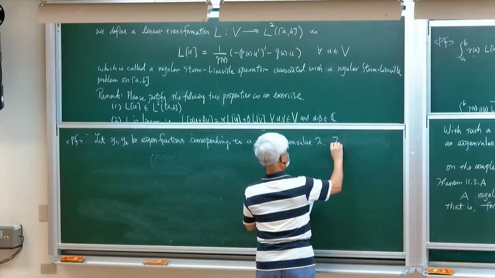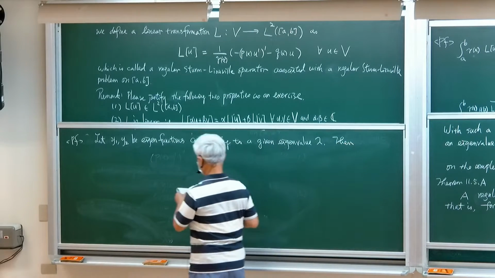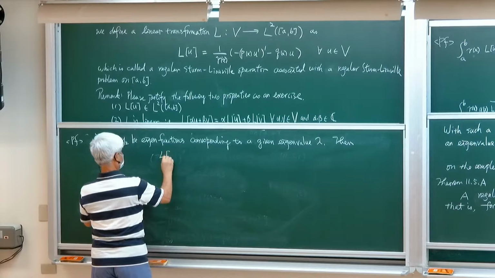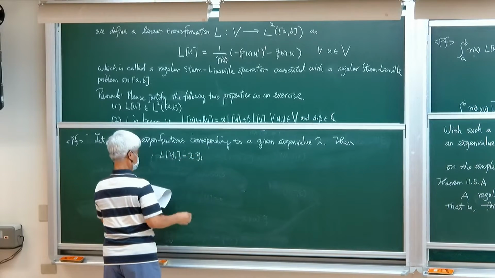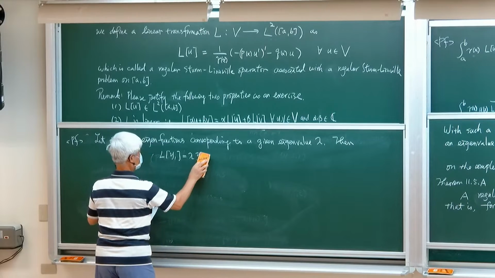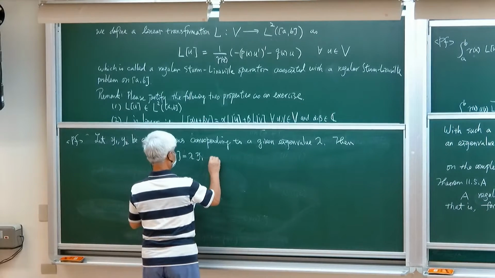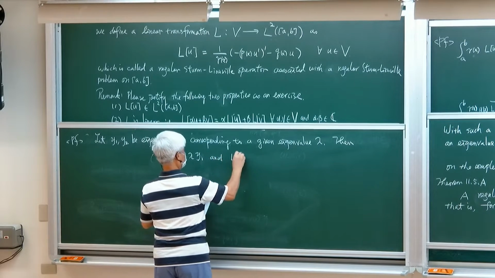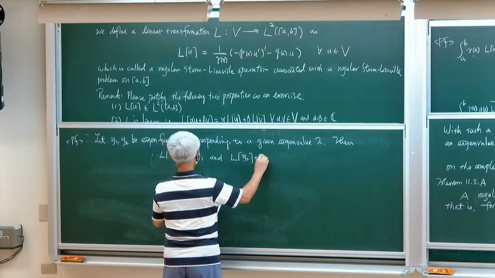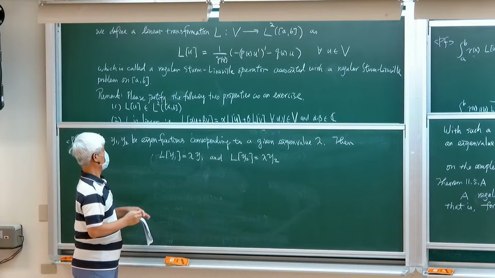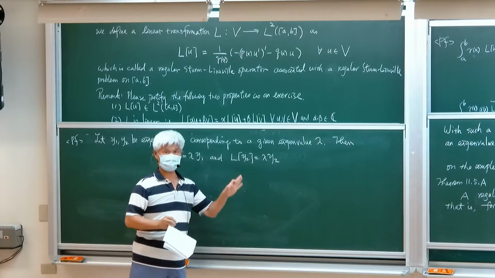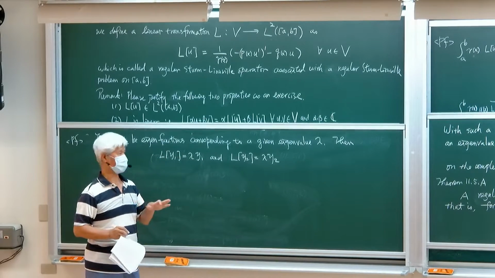Then L of y1 is equal to lambda y1, and L of y2 is equal to lambda y2, because they are also associated with the same eigenvalue lambda.